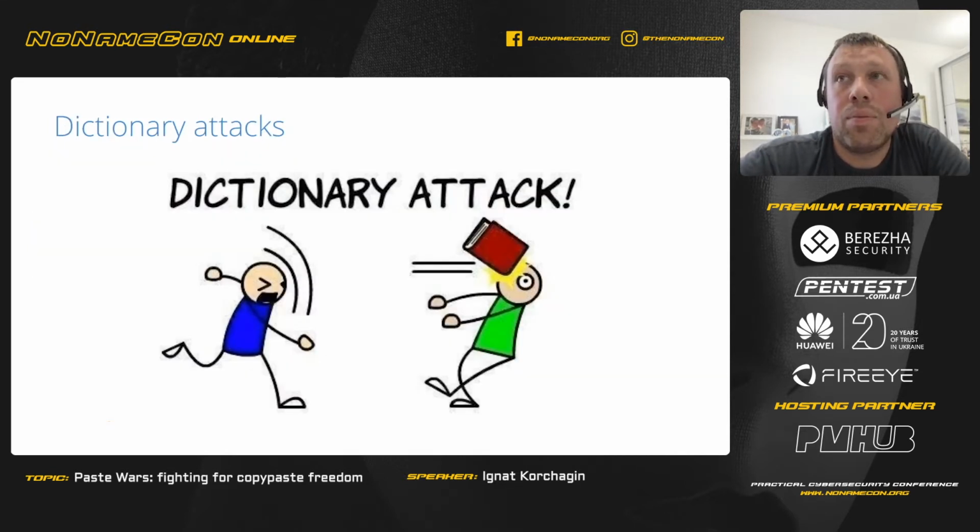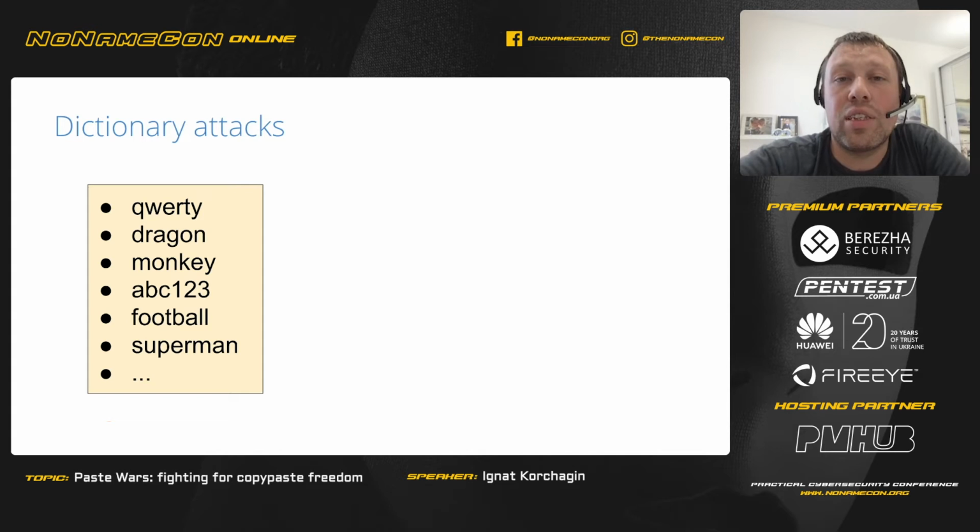The second category is dictionary attacks, and it's definitely not what you see on the slide. A dictionary attack is slightly different. In a dictionary attack, the attacker tries to make the attack more sophisticated by exploiting the fact that humans do not just choose random characters for their password.